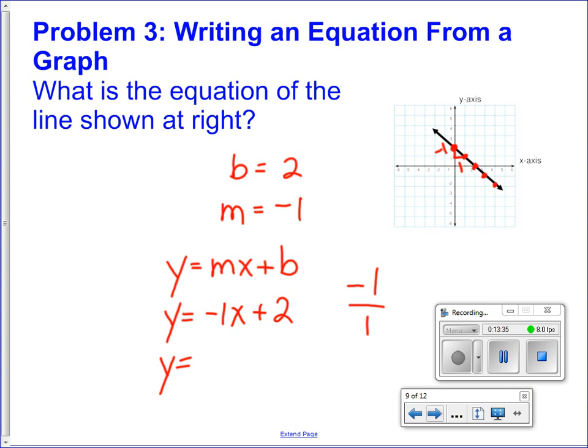Your book will write this as -1x is simply -x plus 2. Always remember that a +1 doesn't need to be shown at all. A -1 can simply be shown as negative. So -x plus 2 equals y.